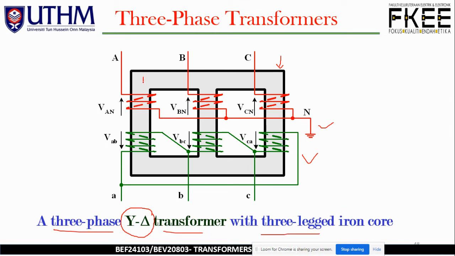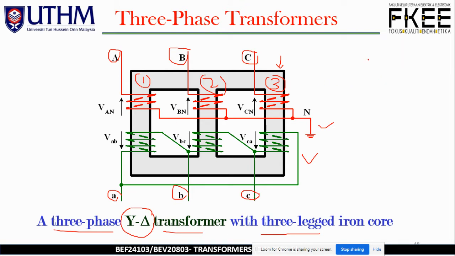We have leg number 1, leg number 2, and leg number 3. And we do have the capital A, B, C, which represent the star connection, and the small letters a, b, and c on the other side, which represent the delta configuration.